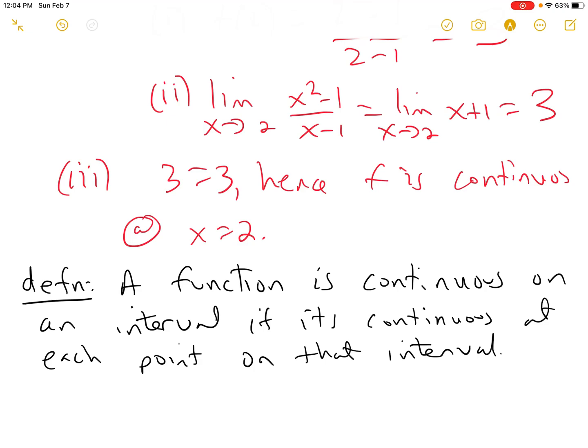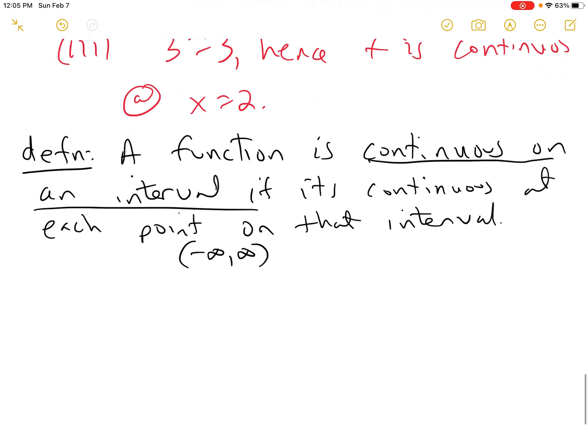And that interval can be all real numbers. So this is the definition of continuity on an interval. And it's possible that the interval is minus infinity to infinity, right? So like the line f of x equals 8x is continuous on all real numbers. Okay.